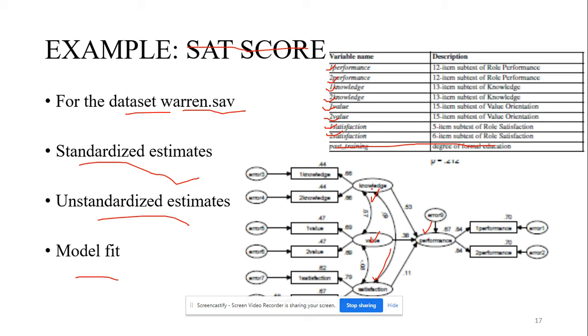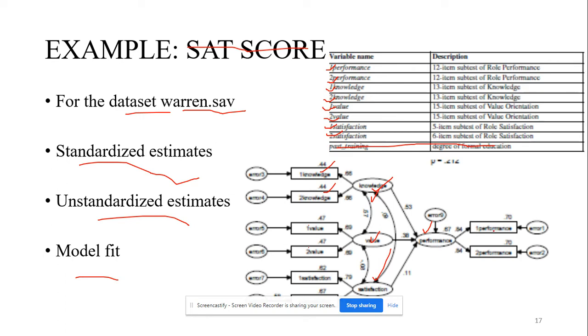So you can see knowledge, which is a latent variable, is caused by observed variables knowledge 1 and knowledge 2, and of course value, which is caused by value 1 and value 2. Satisfaction is again a latent variable, with satisfaction 1 and 2.